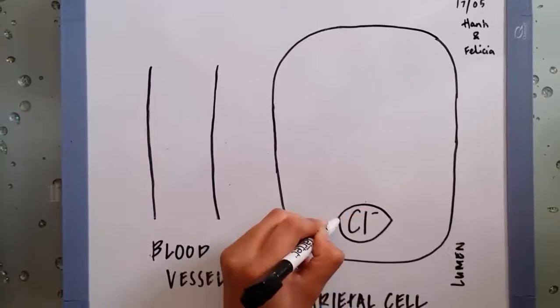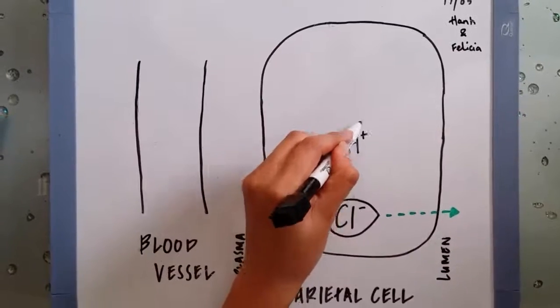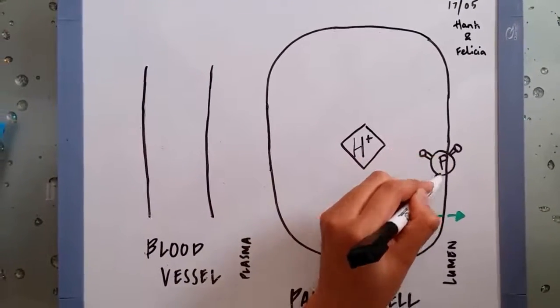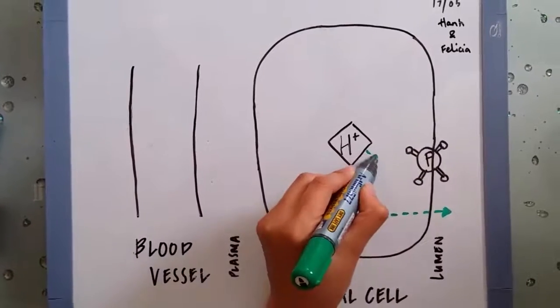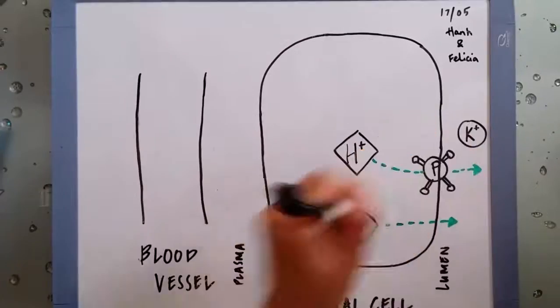Chloride ions are transported into the lumen by conductance channels. Hydrogen ions exit into the lumen by the hydrogen-potassium ATPase proton pump, which is located on the parietal cell. At the same time, potassium ions enter the cell via the proton pump.